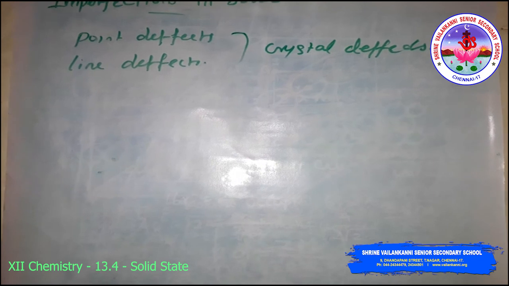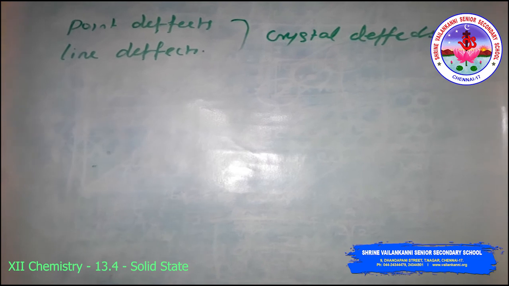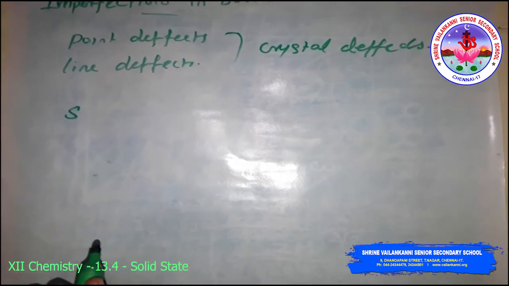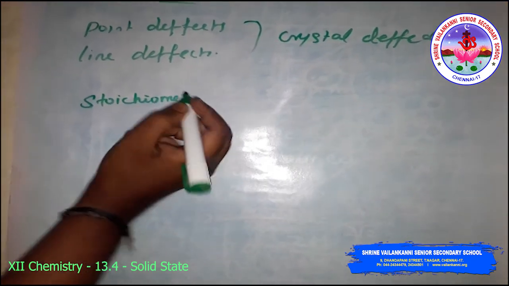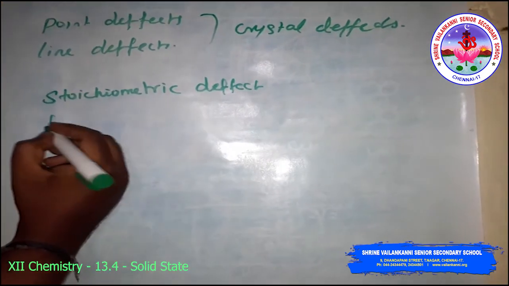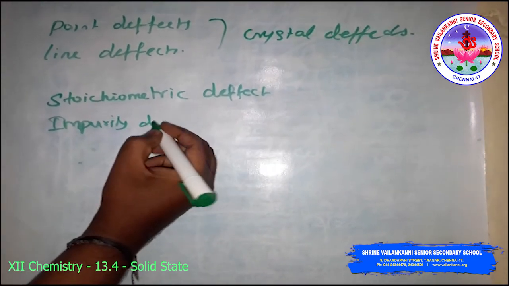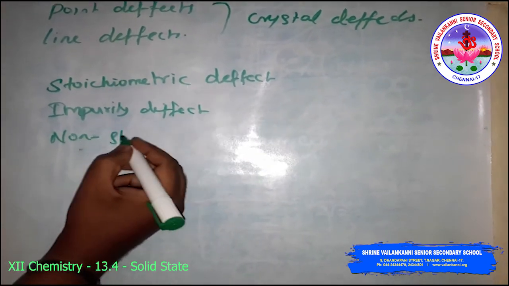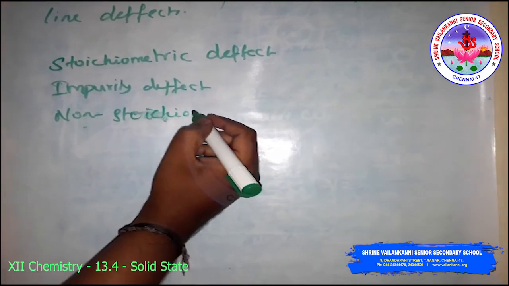Then the types of crystal defects. Usually the point defects can be classified into three types: stoichiometric defects, non-stoichiometric defects, and impurity defects.